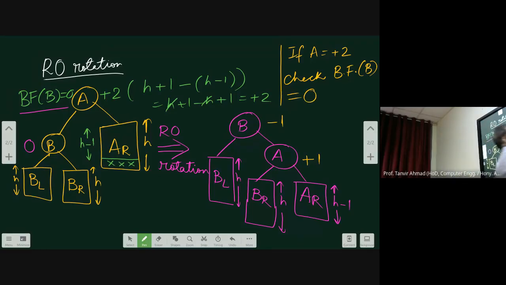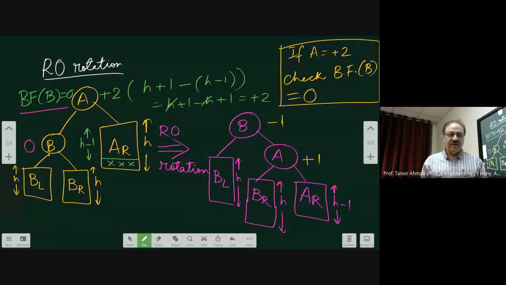And if this is the case, you apply R0. That means if A is equal to plus 2 and the balance factor of B is equal to 0, you apply R0. And the resultant tree, what I showed, is the end result.